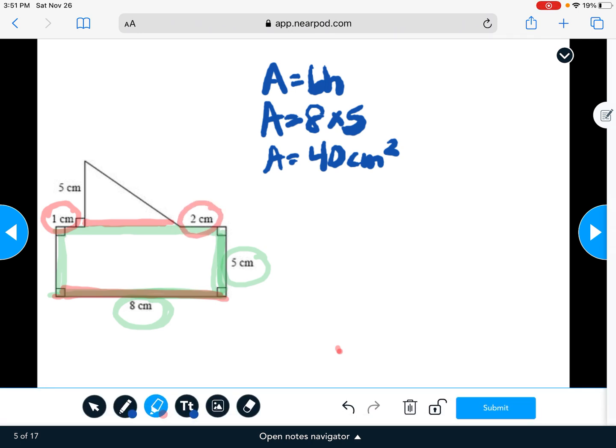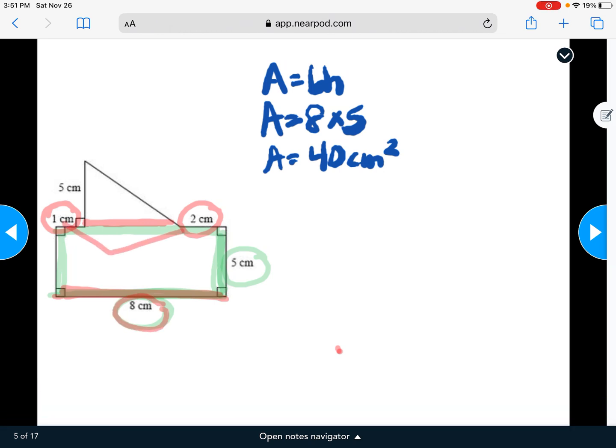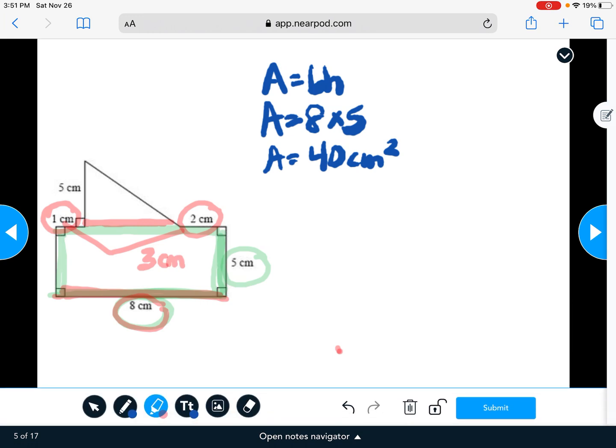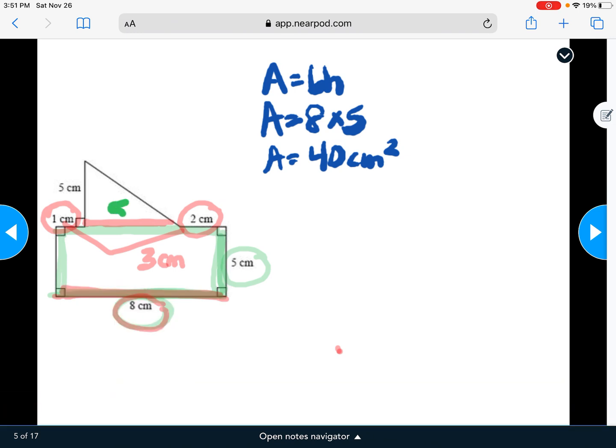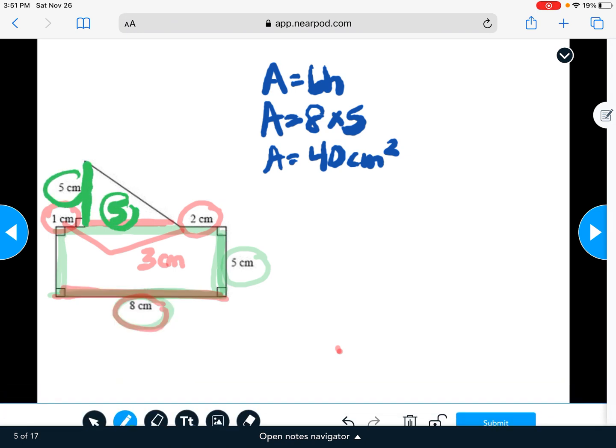So I'm going to subtract 8 minus a total of 3 because these two together would make 3 centimeters. So 8 minus 1 and 8 minus 2, or just 8 minus 3 altogether, would give us a base of 5. We've got a base of 5 here, and we have a height of 5.